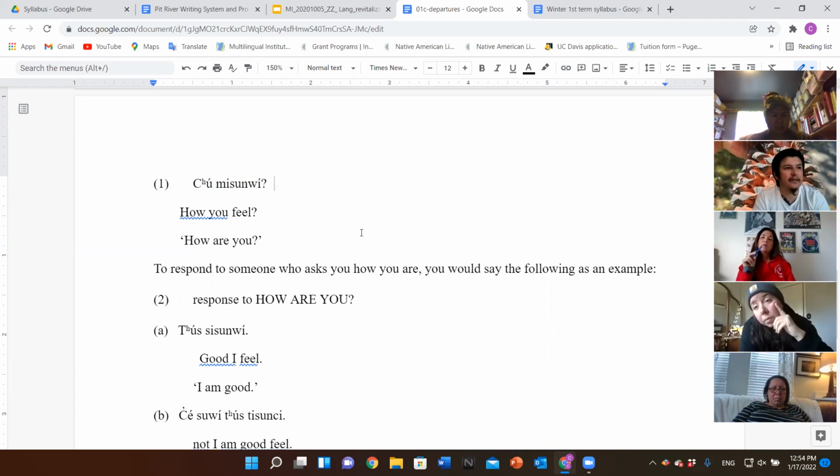And there are certain words where the order does matter, but not as much as in English, because English conveys a lot of meaning through the order of the words. Pit River, not as much. It's more about what is in the words.